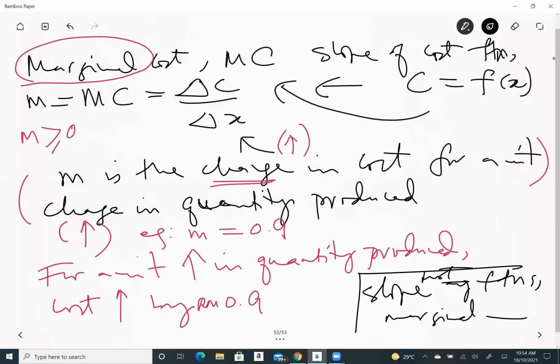You've got revenue, the slope of revenue, you call it marginal revenue. Cost, the slope of cost, you call it marginal cost. So marginal means what? Marginal means change, a small change. So that is the slope. And other functions, you know, consumption, you call it marginal consumption. Things like that. Okay, any question, anything?